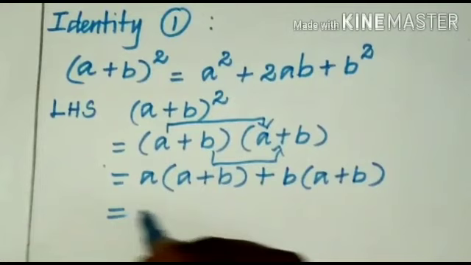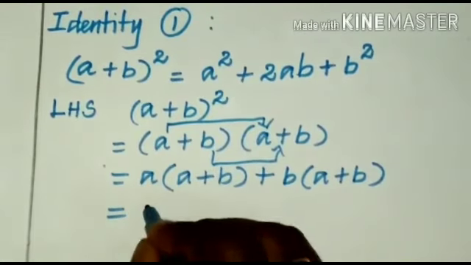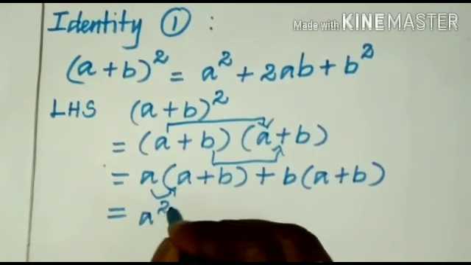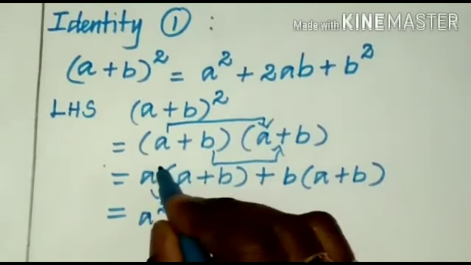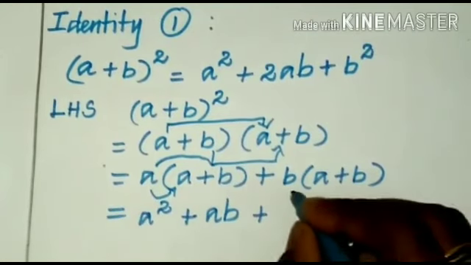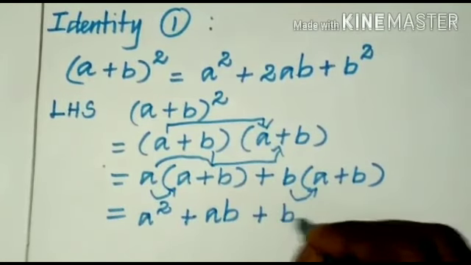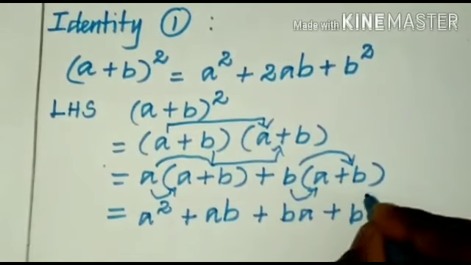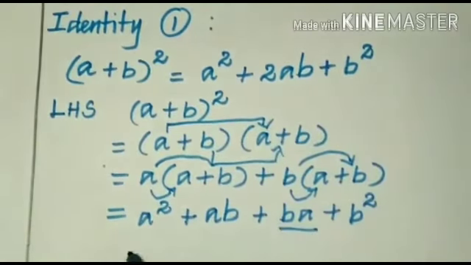Now we have to multiply. a into a is a square, plus a into b, ab, plus b into a, ba, plus b into b, b square. Here ba is written like that.